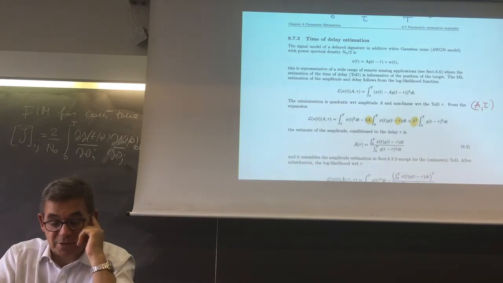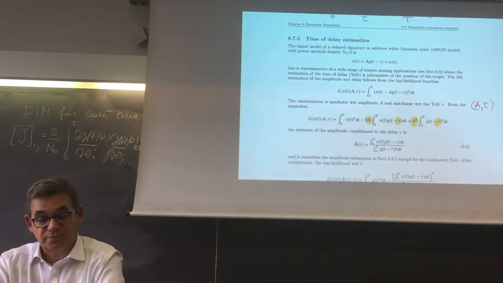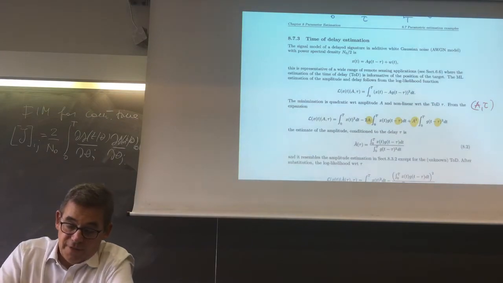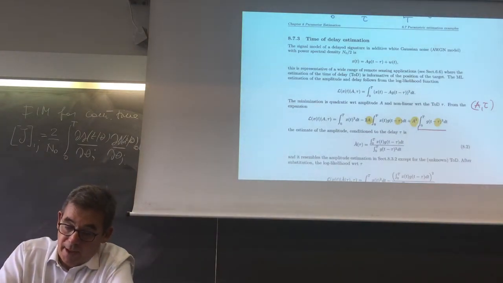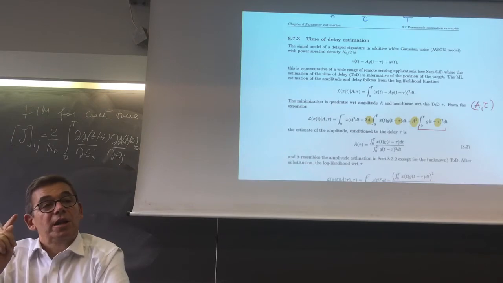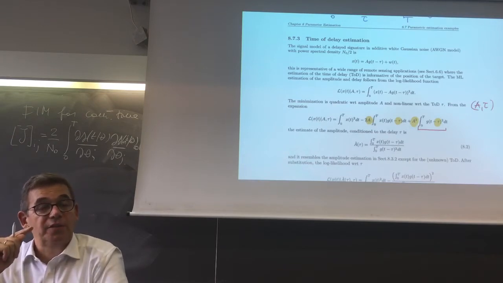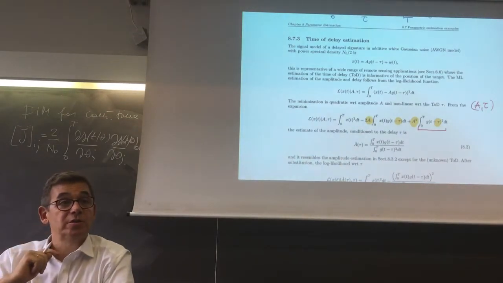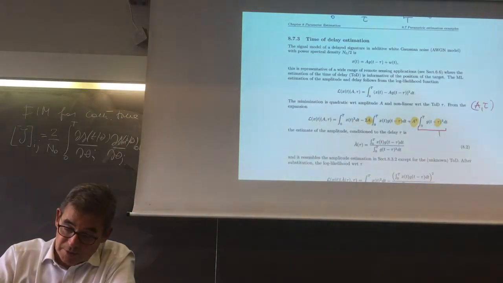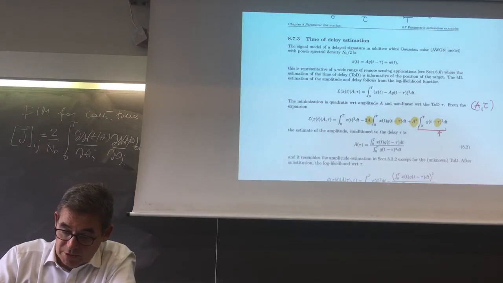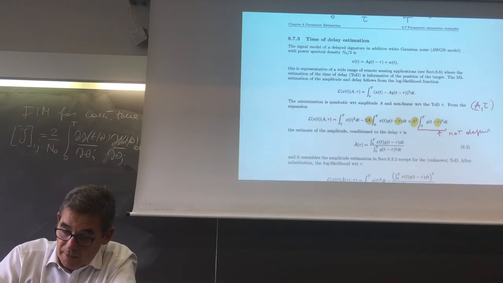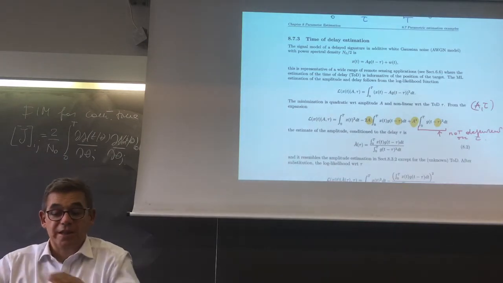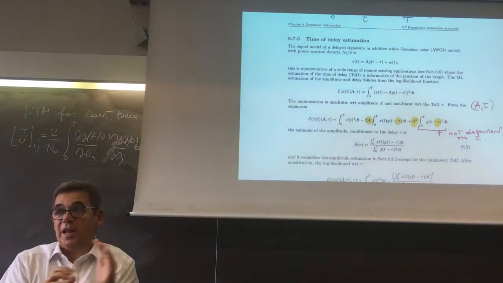And here I have A squared, and then I have tau. Now, if the delayed waveform is fully contained in the observation window, this term is not dependent on tau, because that is the energy of the waveform delayed by tau.